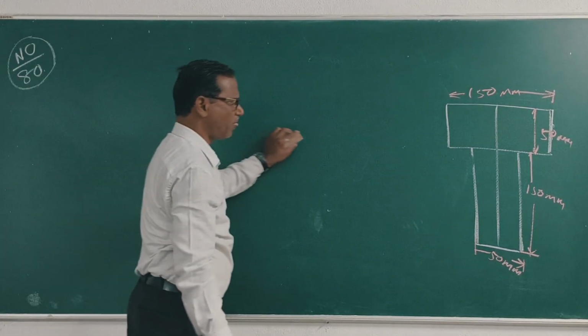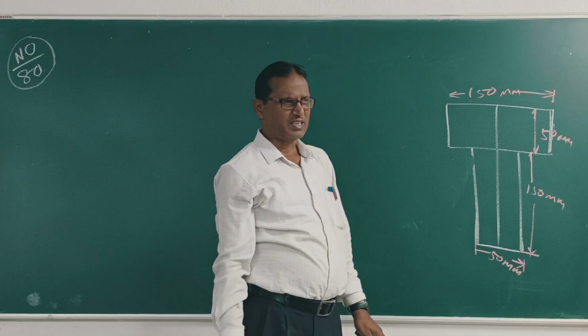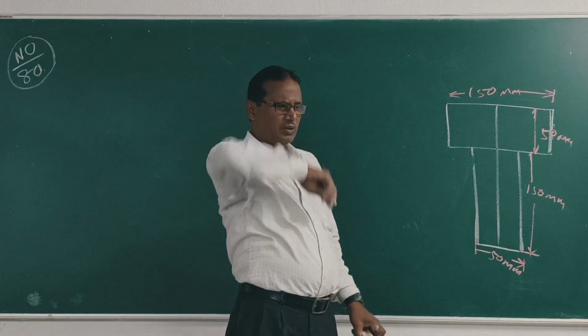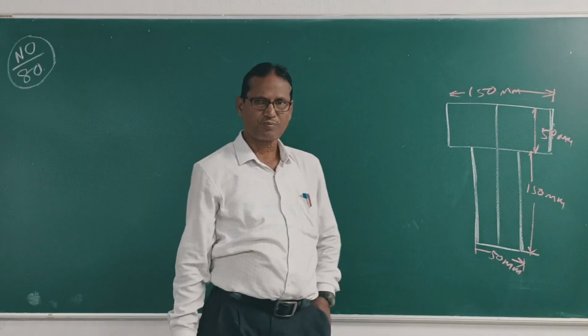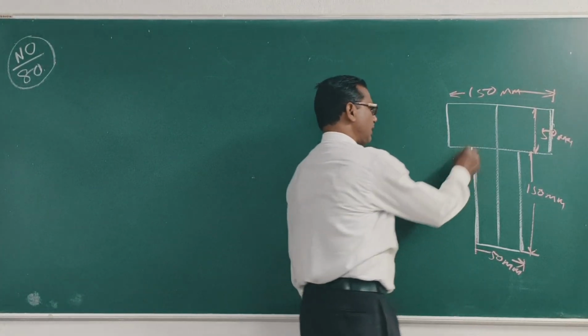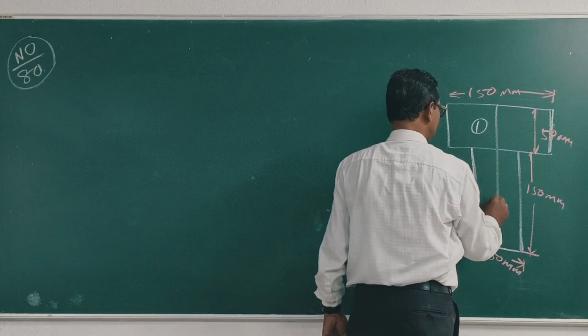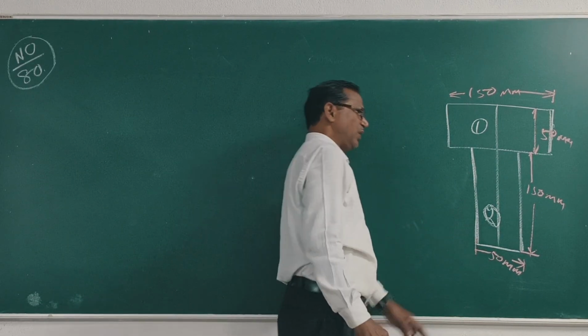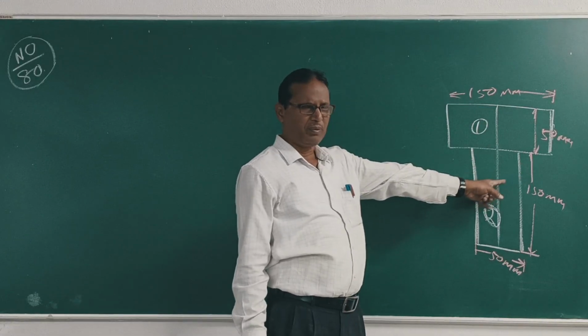First find out y bar, the distance of the neutral axis from the extreme fiber. This is the T section. This is section 1, section 2. Section 1 is 150 mm by 50 mm.